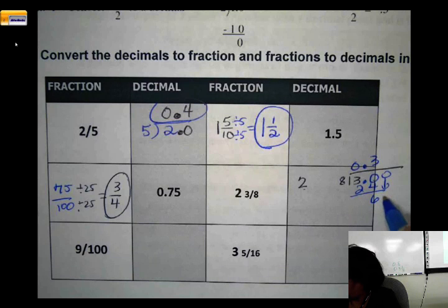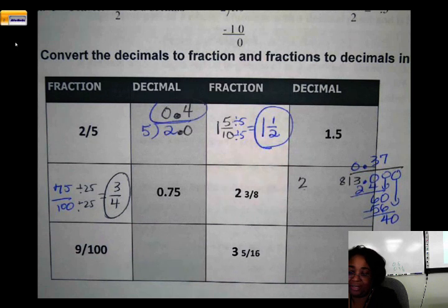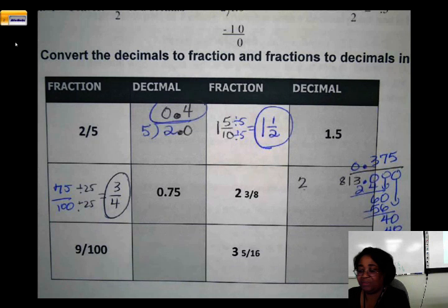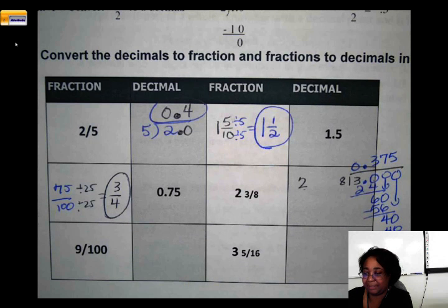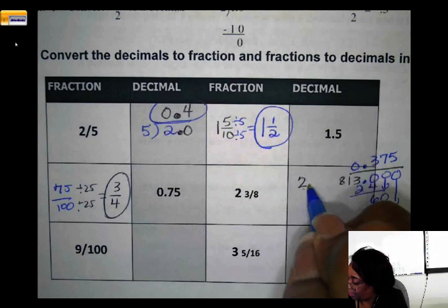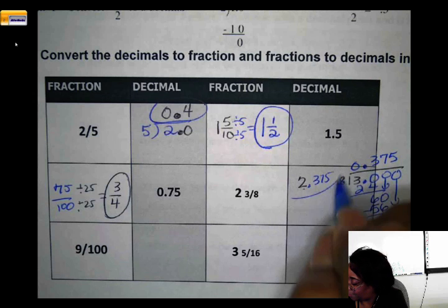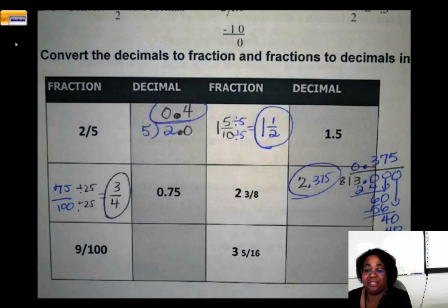I bring down another 0. 8 goes into 60 7 times. 7 times 8 is 56. Bring down the 4. I have to put another 0 to keep going. I don't see a pattern yet. And 8 will go into 40 5 times. And now my division becomes 0, so it terminates. I need to put 0.375 here. So I get 2.375.